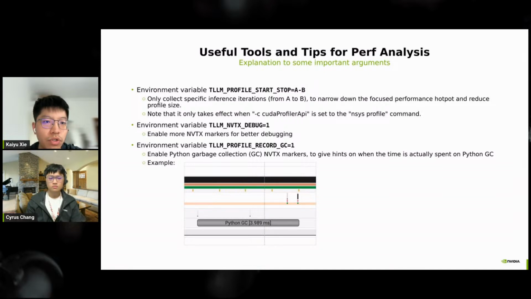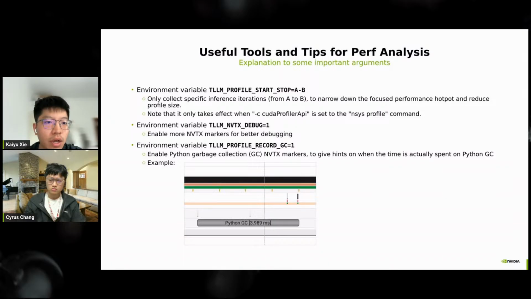You could use this environment variable, and TensorRT-LLM will only profile the specific range of iterations. It only takes effect when you also append -c cudaProfilerApi, which enables the programmatic way of the nsys profile command, and the collected timeline will be narrowed down to A-B.